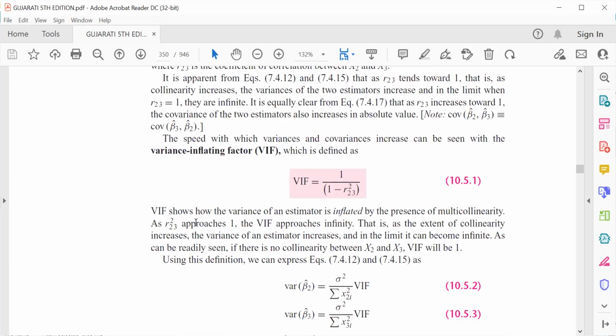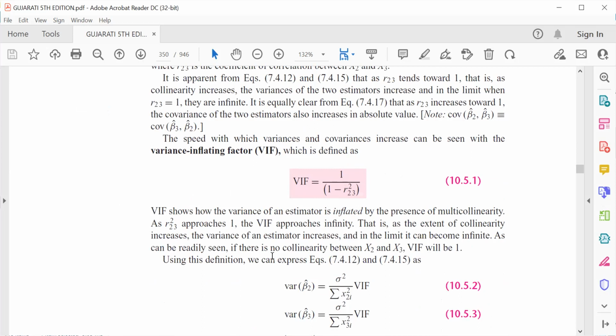How to calculate multicollinearity? Here we have the variance inflating factor, VIF, equation 10.5.1. To detect multicollinearity, we use this variance inflating factor.